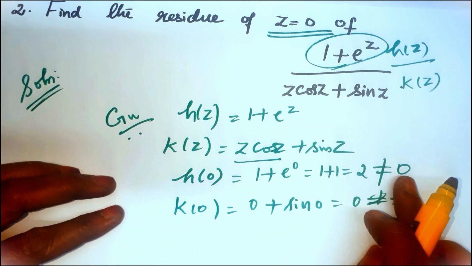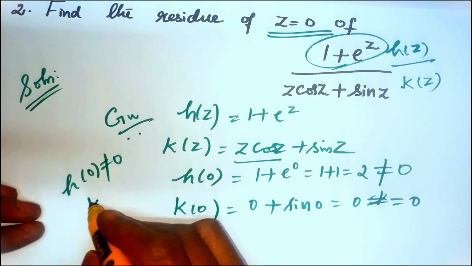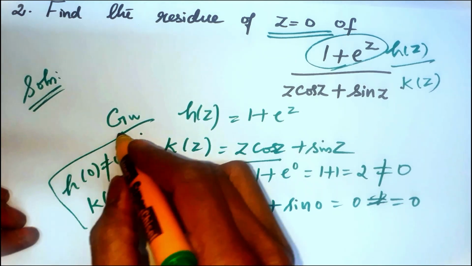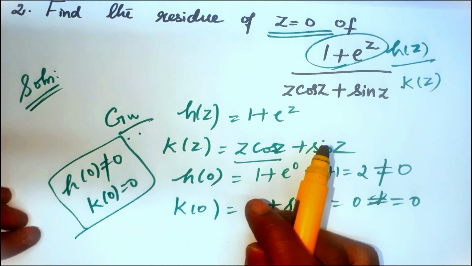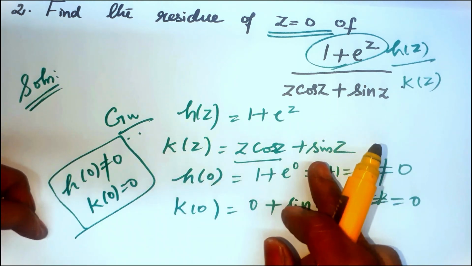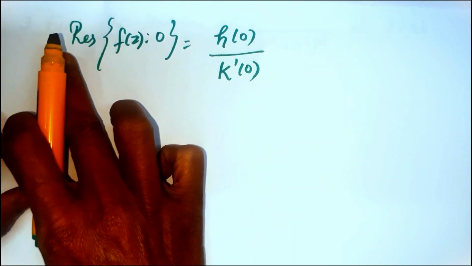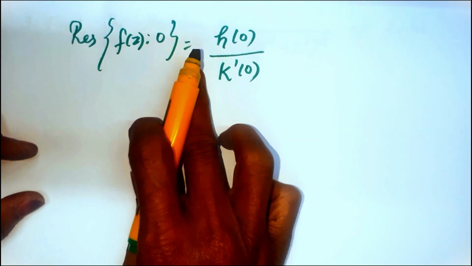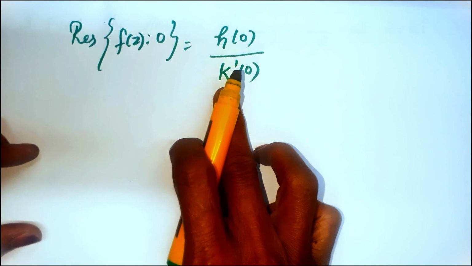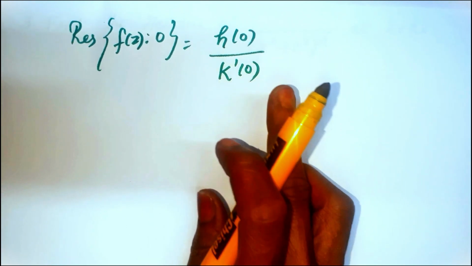So h of 0 is not equal to 0 and k of 0 equal to 0. These two conditions we have to check. After confirmation of these two conditions only, we have to move on to calculate the residue. So this is the formula. Residue of f of z at 0 is equal to h of 0 by k dash of 0.